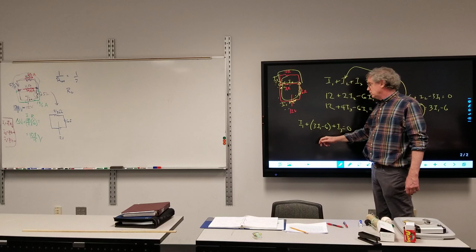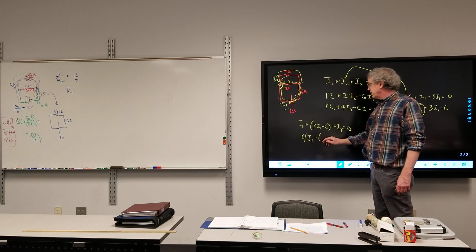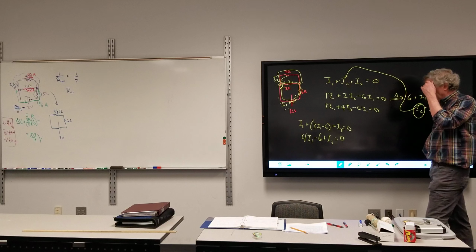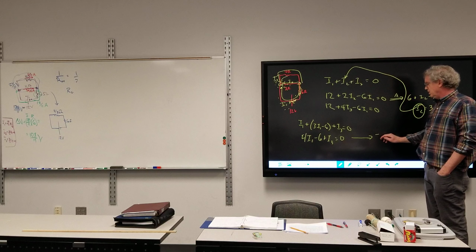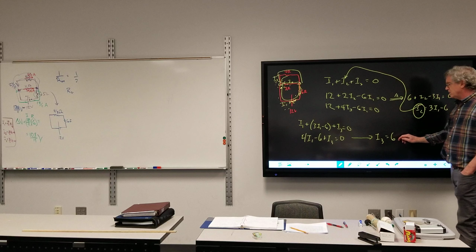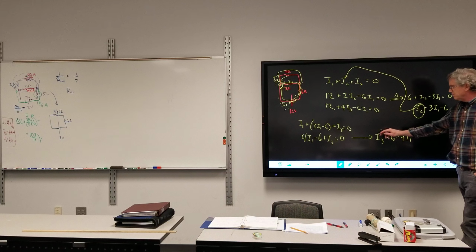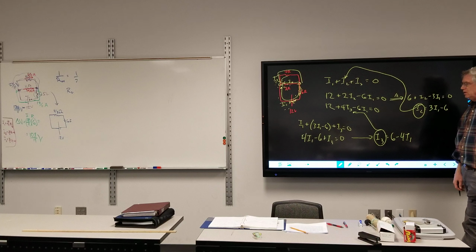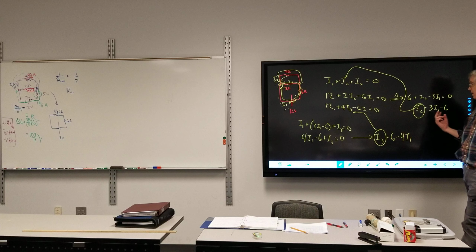Distributing the 1, we end up with 4I1 minus 6 plus I3 equals 0. I guess solve for I3 here, because it seems like the simplest one. I3 equals 6 minus 4I1. And now I can plug that into here and solve for I1. Once I have that, I can then solve for I3 and I2.